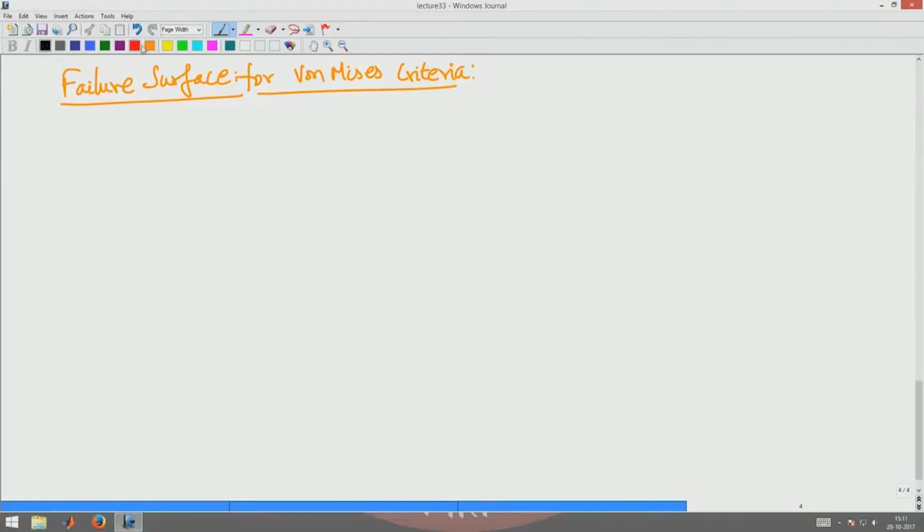As before, I am going to look at a plane stress state, which we saw can be represented in terms of sigma 1, 0, 0; 0, sigma 2, 0; 0, 0, 0.